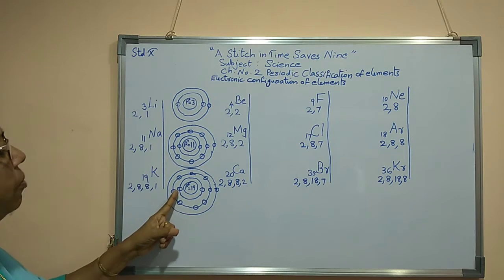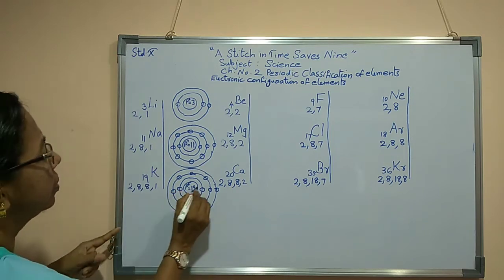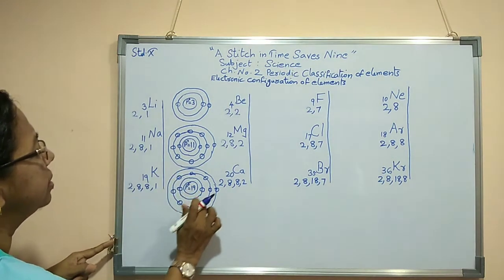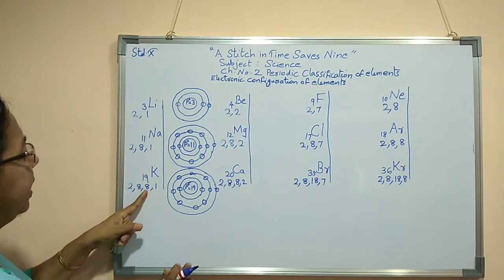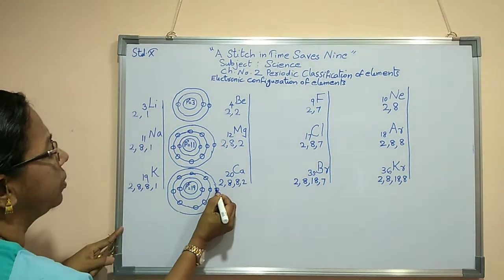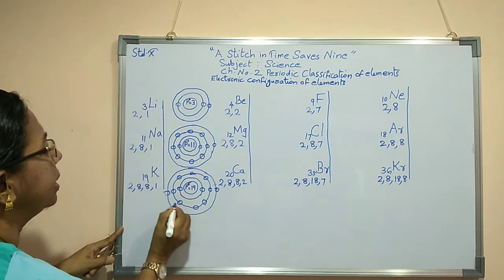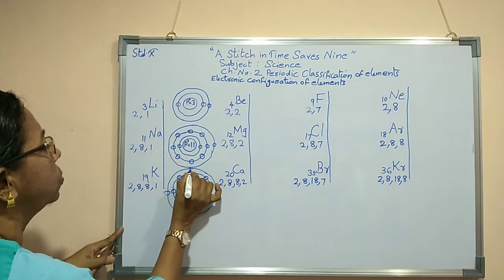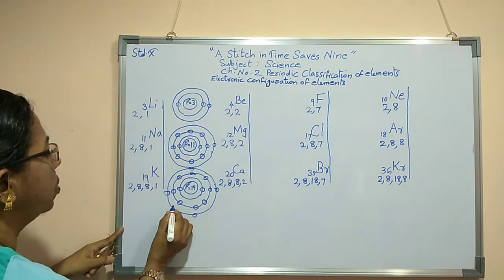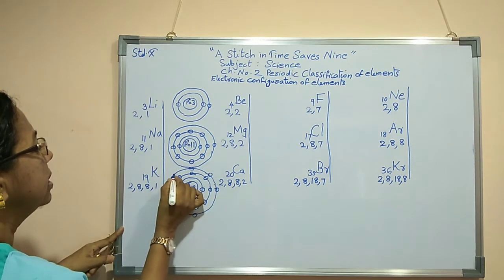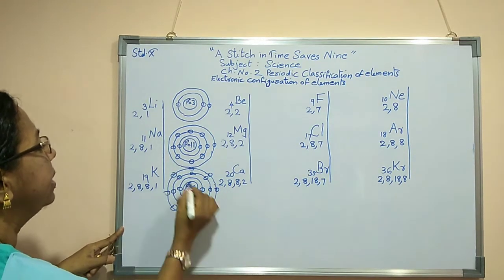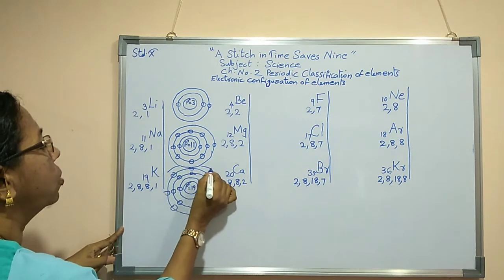The first orbit can have a maximum of 2. The second orbit has a maximum of 8. Here again the third orbit is there. Only I made 1. Here how many are there? 8 electrons are there. 2, 3, 4, 5, 6, 7, 8. Then it is having 1 more orbit.